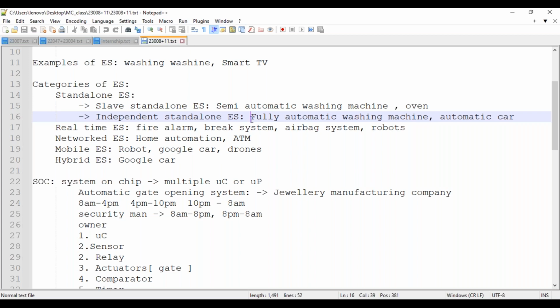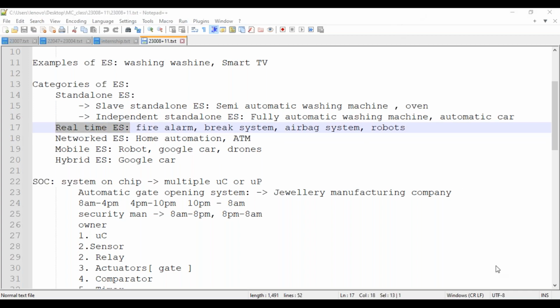Real-time embedded systems are the ones which respond according to the real time, depending on the situation. So brake systems, airbag systems, and sometimes a scenario which has to work according to real-time changes like temperature, like humidity of the soil, they all belong to real-time embedded systems. So both of them are quite different.